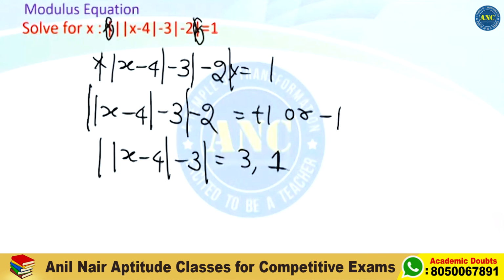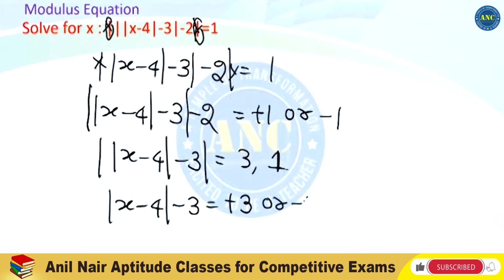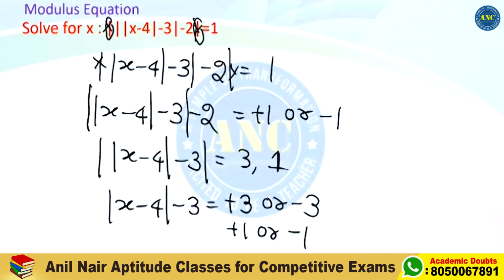So two cases I will get, plus 1 and minus 1. So again if I remove modulus, mod of x minus 4 minus 3 equivalent to plus 3 or minus 3, and it is plus 1 or minus 1. I hope the idea is clear. From here you can solve the question.